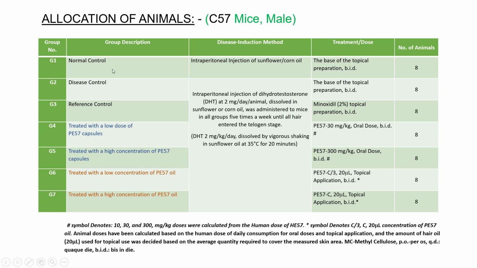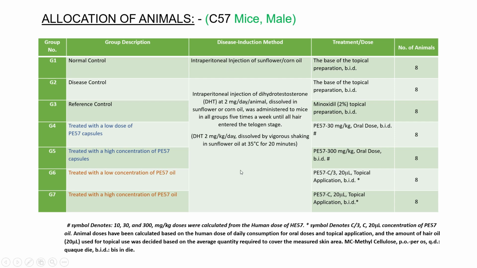First is the normal control, then disease and reference standard, 2 groups for capsules, higher and lower dose, and 2 for oils, lower concentration and higher concentration. For the normal control, an intraperitoneal injection of sunflower oil only, without any treatment, is given, because in the disease condition we are going to induce the disease in groups 2 to 7.